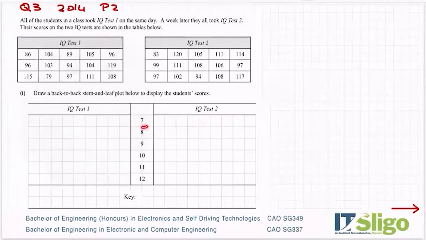Okay, so have I any values in the 70s? So there's a few rules: one number per box, and you must put them in numerical order. Sometimes you might have to do out a rough stem and leaf beforehand, and other times you'll be able to put them in numerical order at the same time. As I do one or two of them, that will become more obvious.